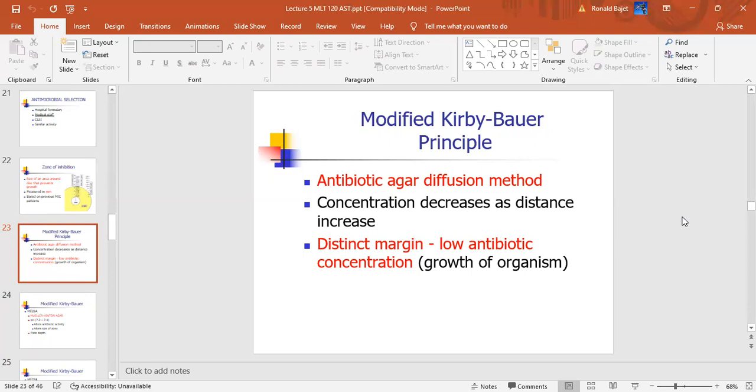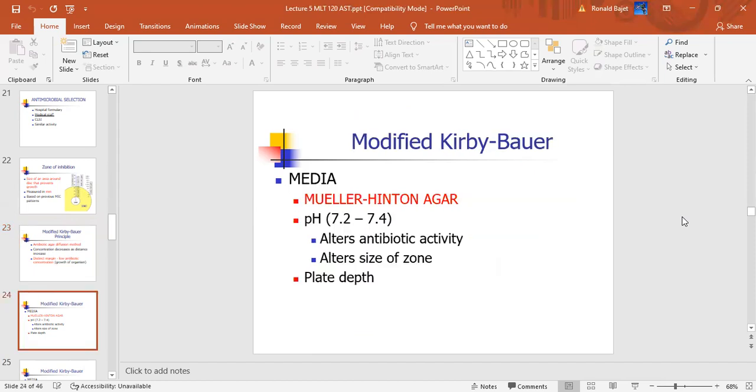You will get 100%. You want to get the organism on 100% of the plate. Again, you don't just take any colony and grow it. You have to make a suspension to a 0.5 McFarland standard, because there are consequences if your suspension is too heavy or too light. I'll get to that in an upcoming slide.